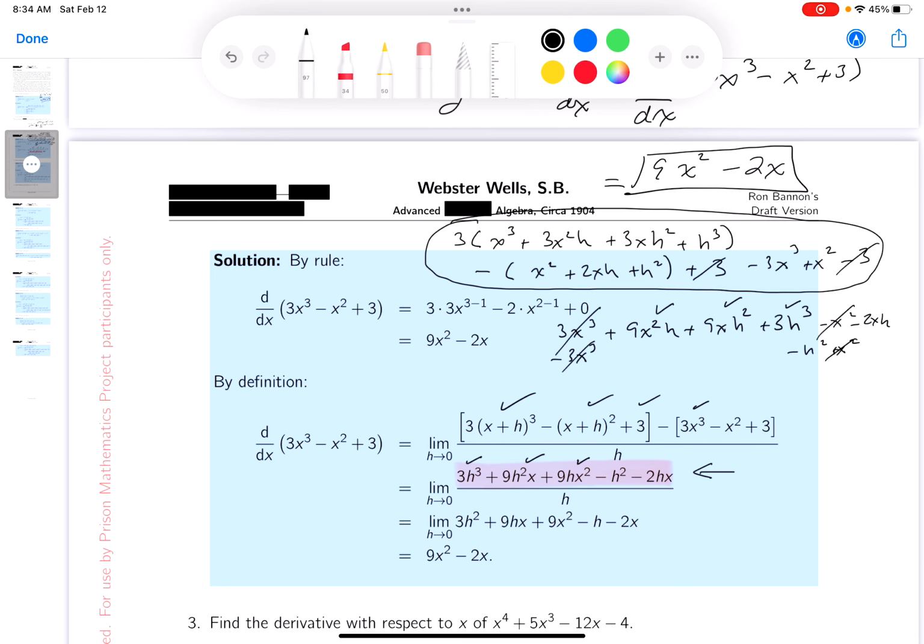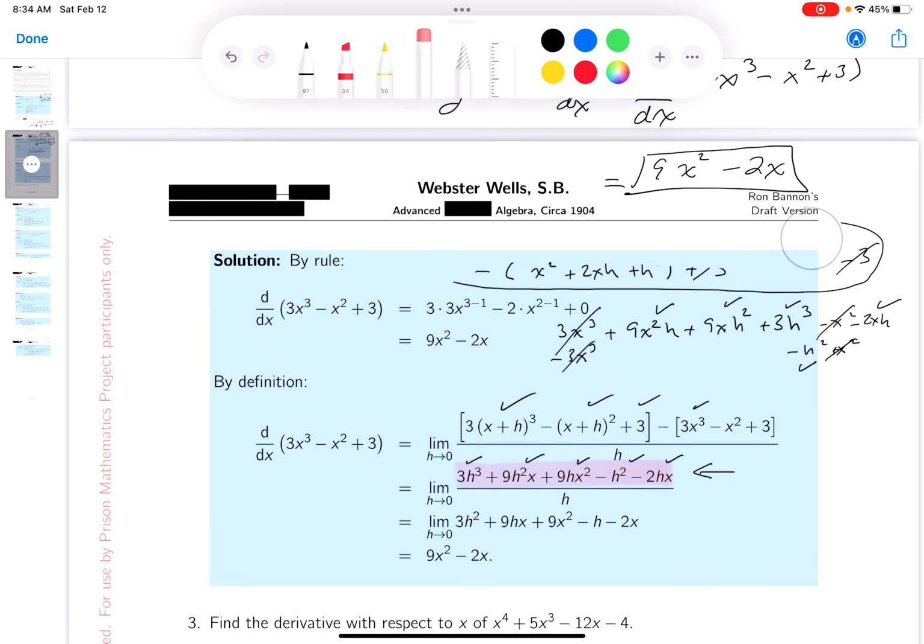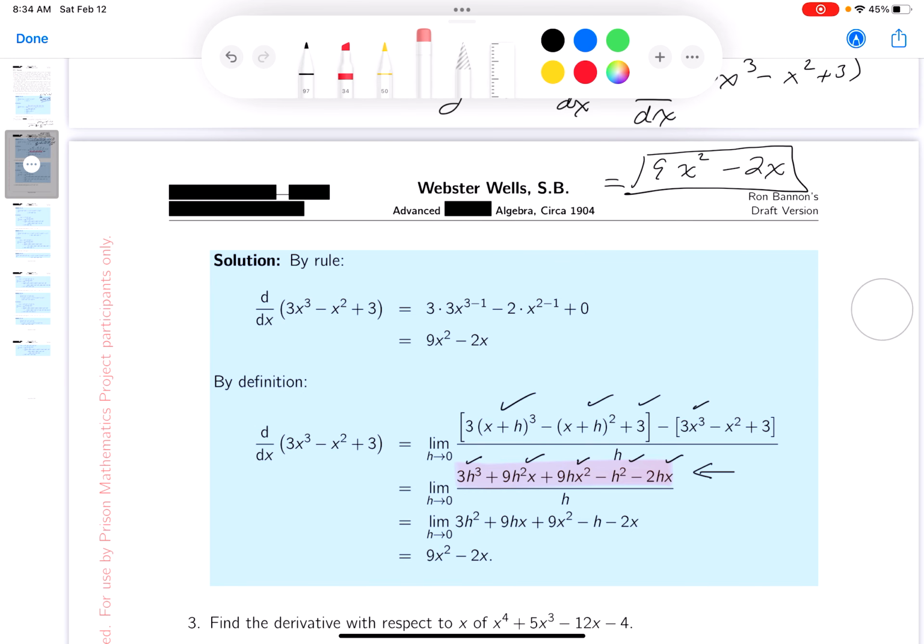And then minus h squared, I see that. And minus 2xh, I see that. So I'm pretty comfortable that that led to that, and that's something you want to struggle with when you're looking at an answer key. So I'm going to erase all my chicken scratch. I'm very comfortable, and we're just talking through using the definition to get there.